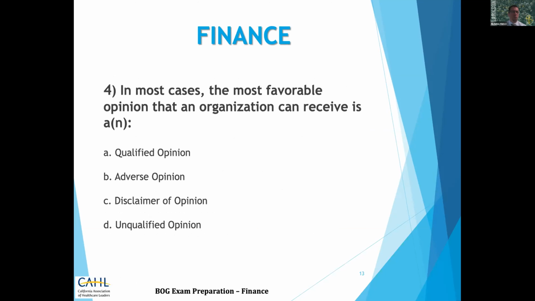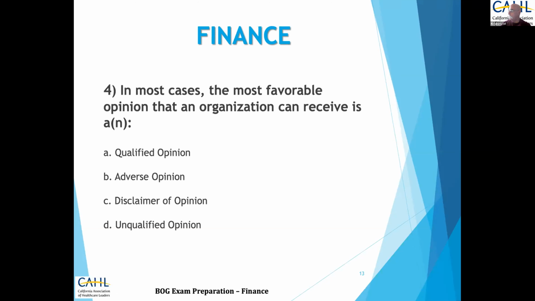All right, question 4. In most cases, the most favorable opinion that an organization can receive is A, or an... Well, again, you got to know something about this. You got to know what is an opinion, and we're talking about an auditor's opinion here.